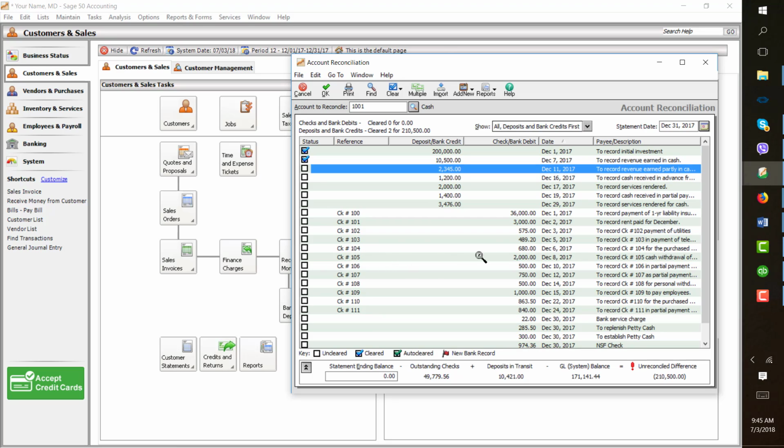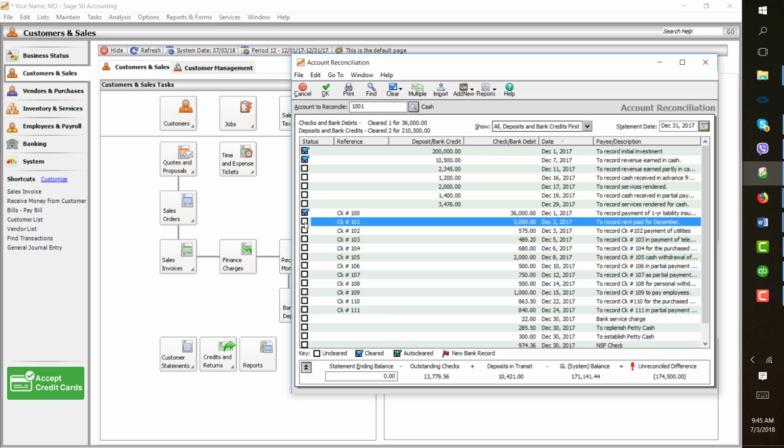But those checks may not necessarily be the same date that you wrote your check. So focus on the check number and the dollar amount because you may have the same dollar amount but different check number since the payee's name does not appear in the bank statement. So your control for accuracy will be the check number and the dollar amount.